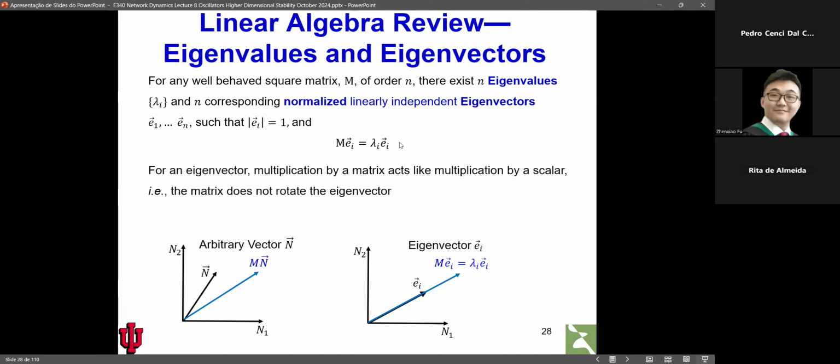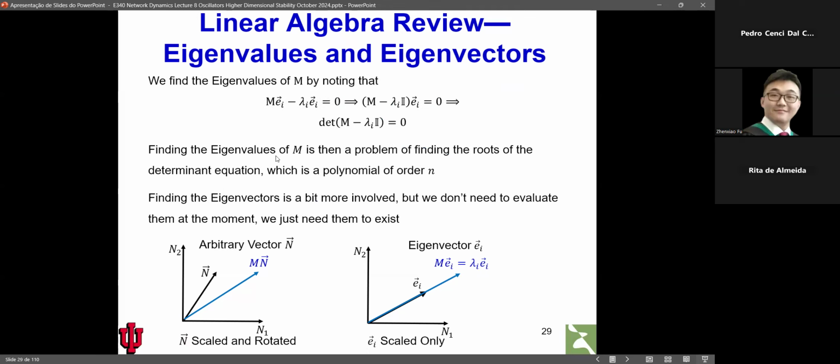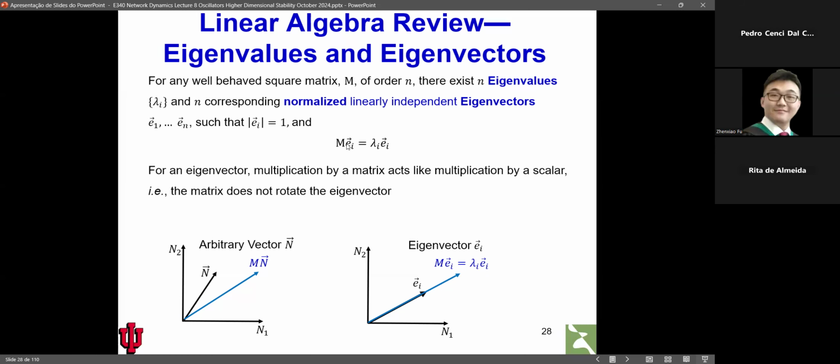That means that when I apply the matrix to an eigenvector, I'm just multiplying the original Ei by lambda i, and I'm not rotating it. I'm just changing the modulus of the result. Ei has a modulus of 1, but the result is going to have modulus lambda i.